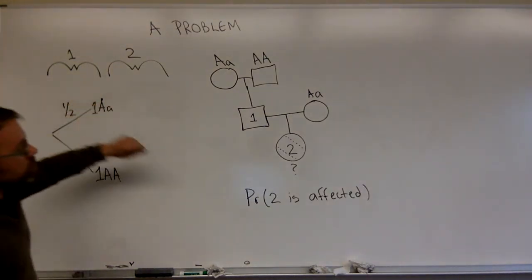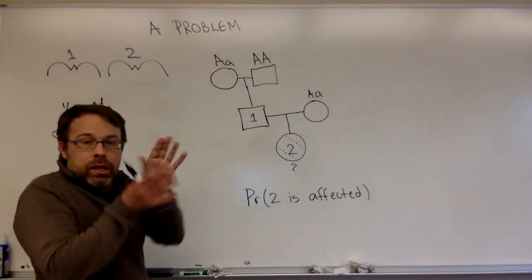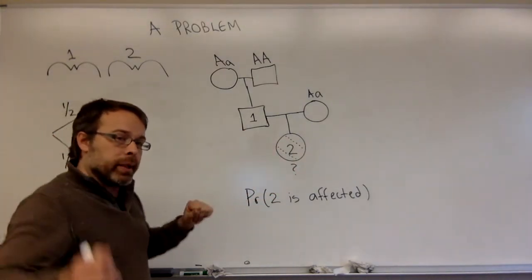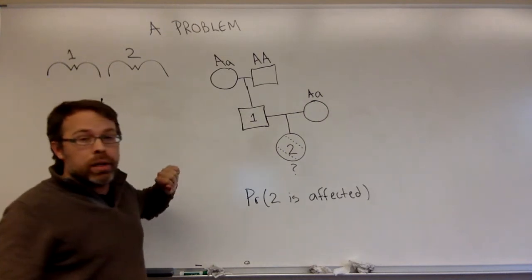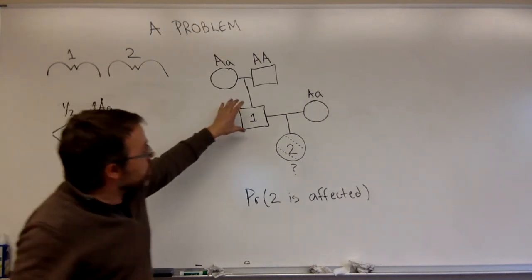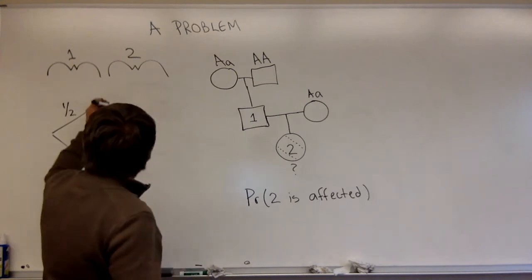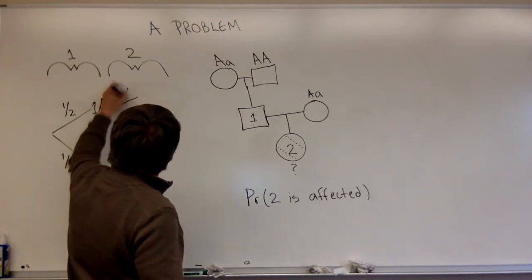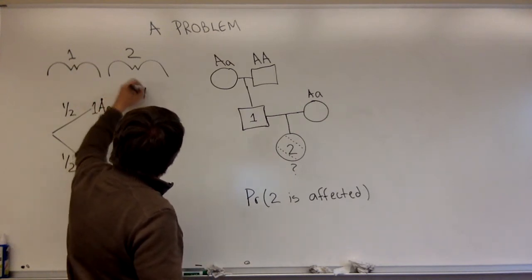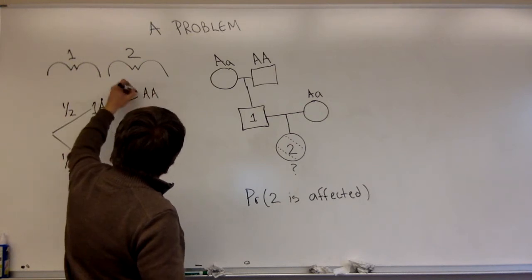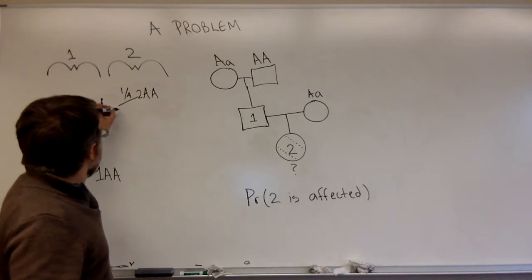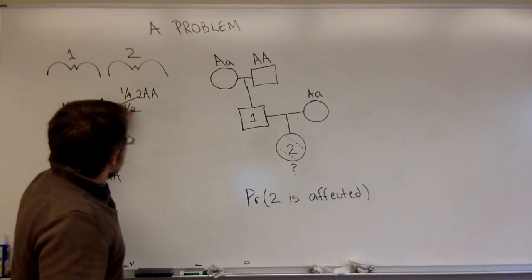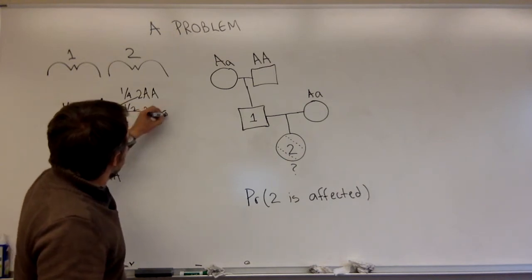And so now we have two possibilities, right? We've had a divide in the road. One of two things happened. This path has split. So if number one is big A little a, now we have a cross between two heterozygotes. And so basically now we have a 1/4 chance that 2 is big A big A. We have a 1/2 chance that 2 is big A little a.